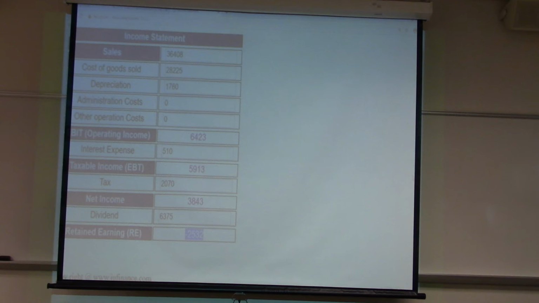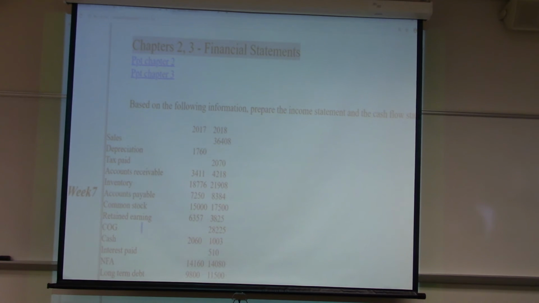And where did you get the dividend number from? Well, you use 3843 minus the difference between 3825 and 6357. I thought that's 2,532.